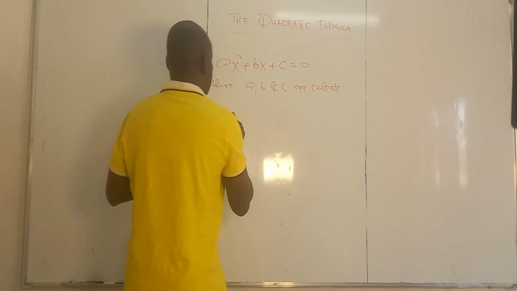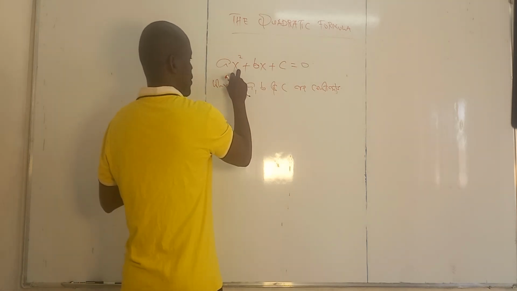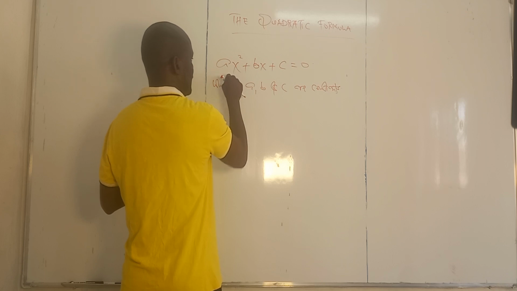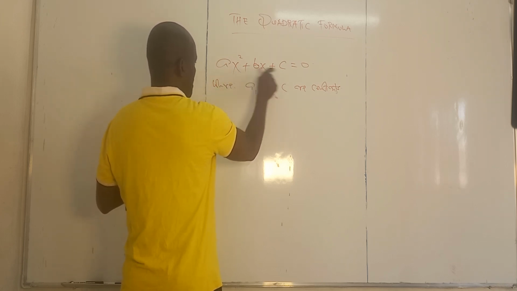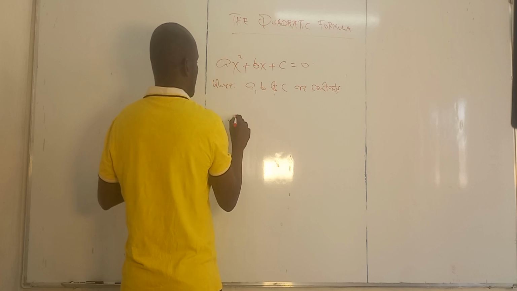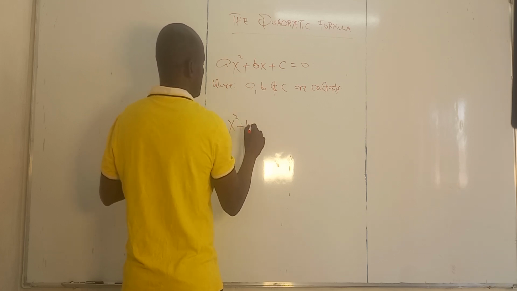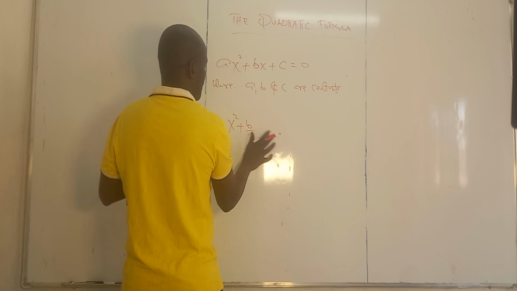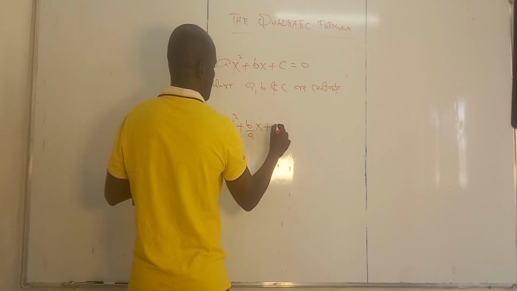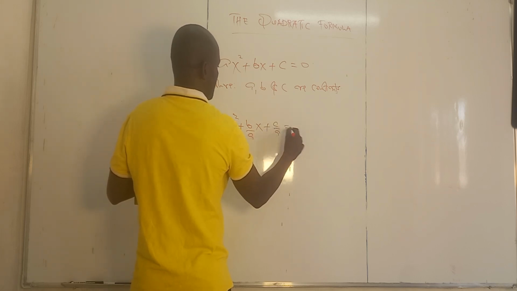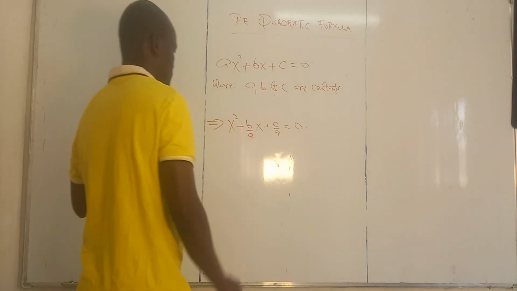So first, to apply the completing the square method, we have to divide to ensure that we remain with a coefficient of 1 here. That we can only achieve if we divide each term by a, and that will give us x squared plus b over a x plus c over a is equal to 0.